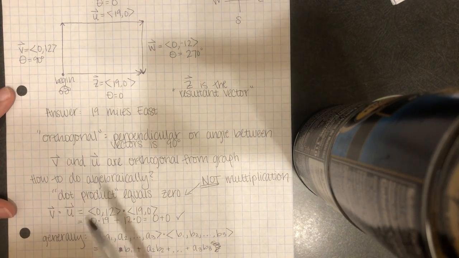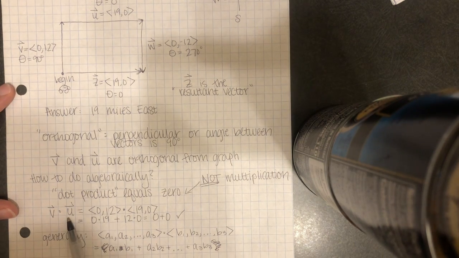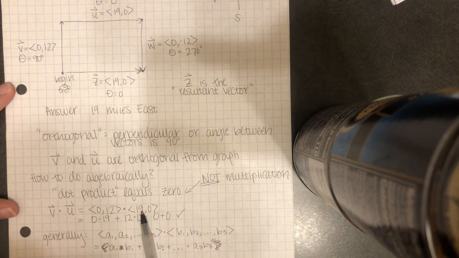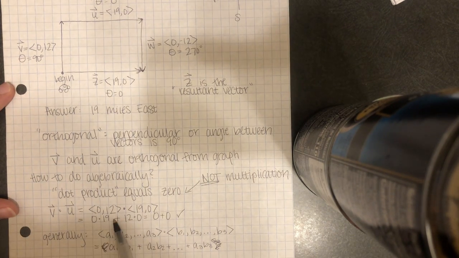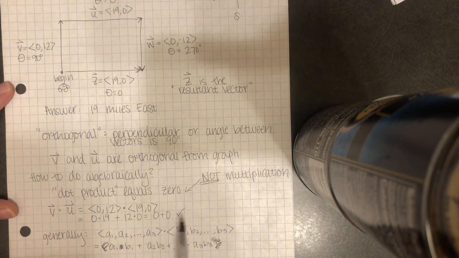So what you do is, if we're taking vector v and doing the dot product with vector u, then we take the first term of the first vector and multiply it by the first term of the second vector, which is right here, and then we add the second term of the first vector times the second term of the second vector, which gives us 0 plus 0, which is 0.